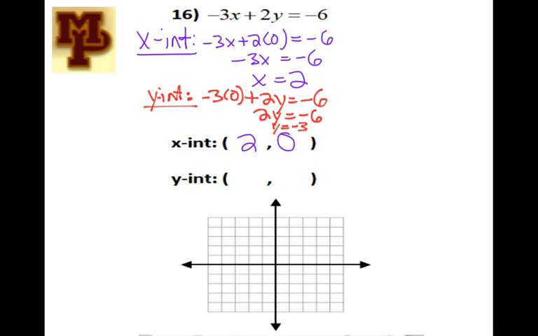So that means it'll be 0, negative 3. So we'll plot those points, 2, 0, and 0, negative 3. Connect the dots, you're good. So this is 2, 0, and 0, negative 3. That should be it. Good luck.